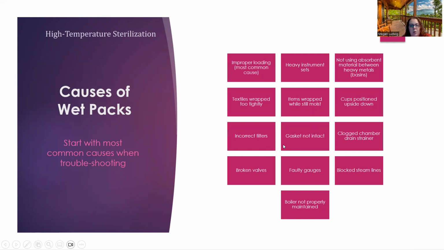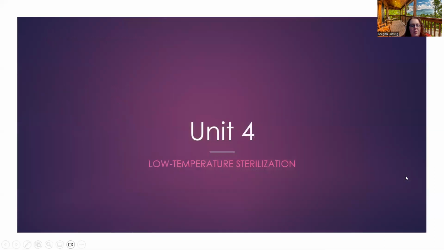Incorrect filters, maybe, so you can see here gasket not intact, faulty gauges, broken steam lines. Your first thing is not going to be, well, steam line's broken, right? You're going to start with the basics, the most likely option, when you're troubleshooting before getting maintenance to help you, okay?